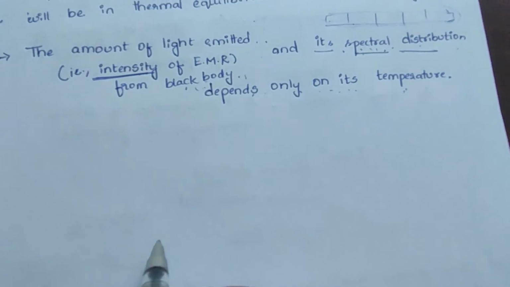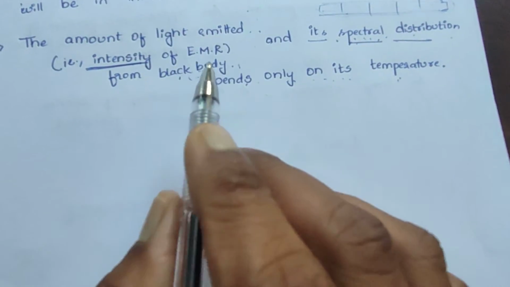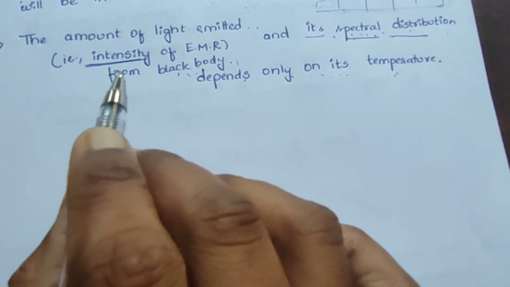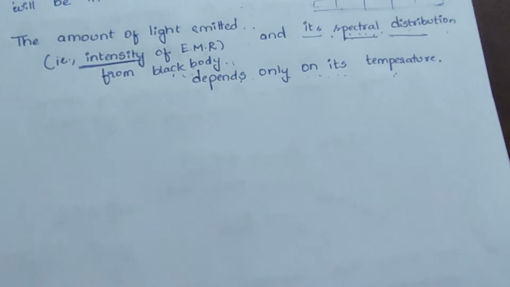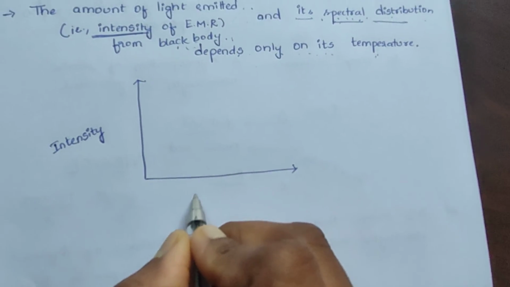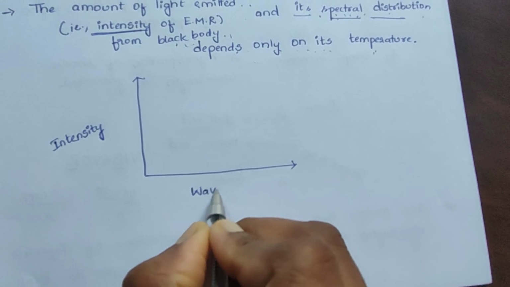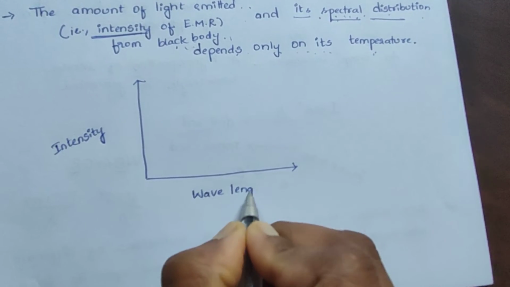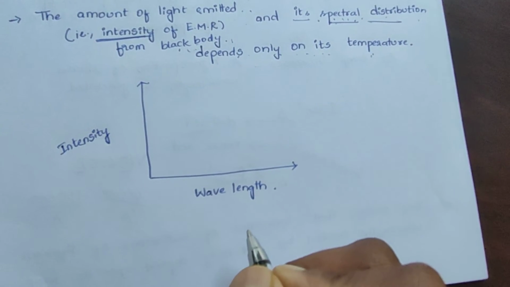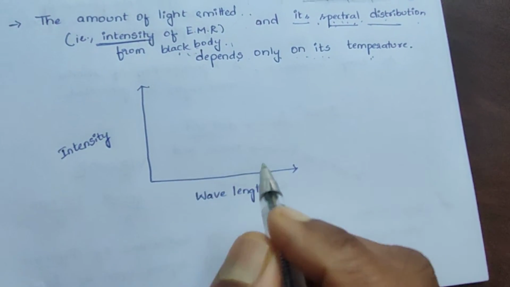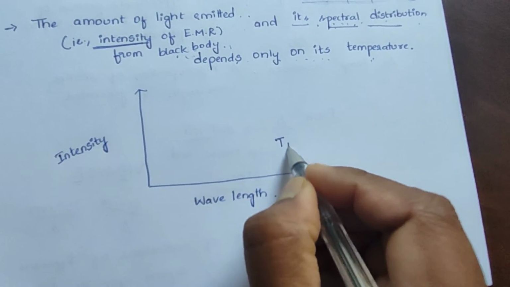if we draw a graph between intensity and wavelength, let's take at T1 temperature.